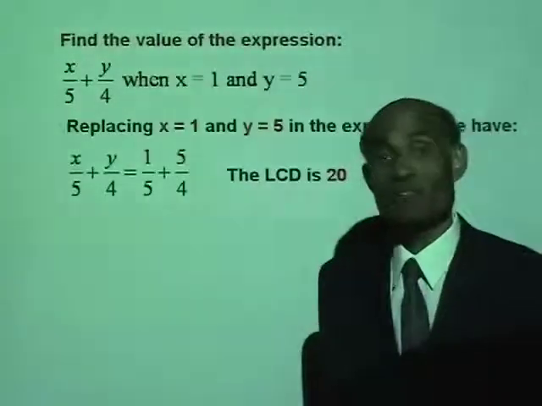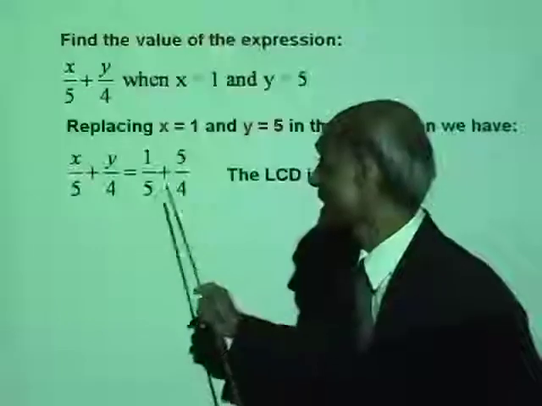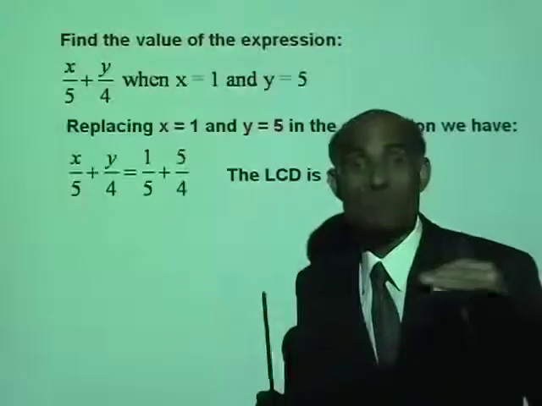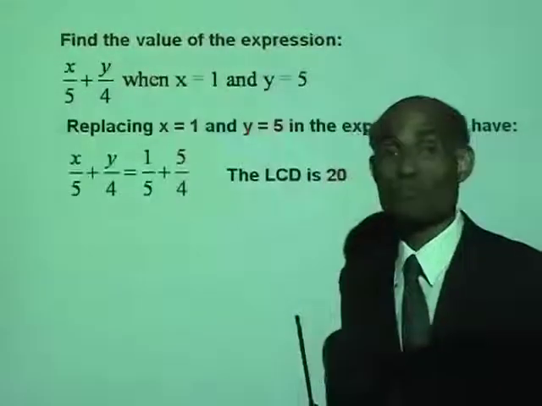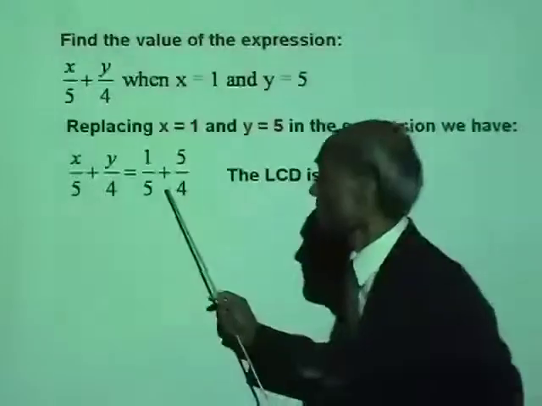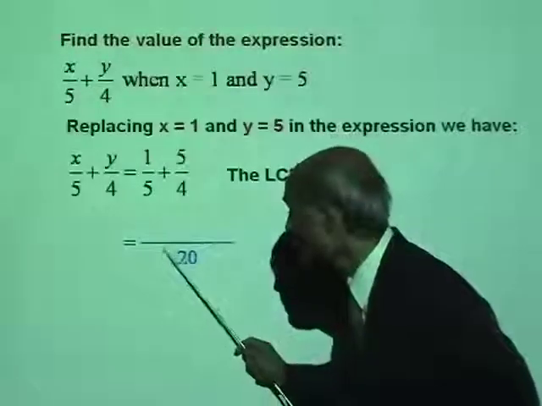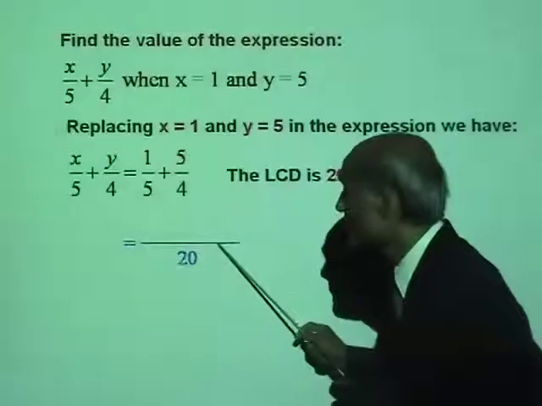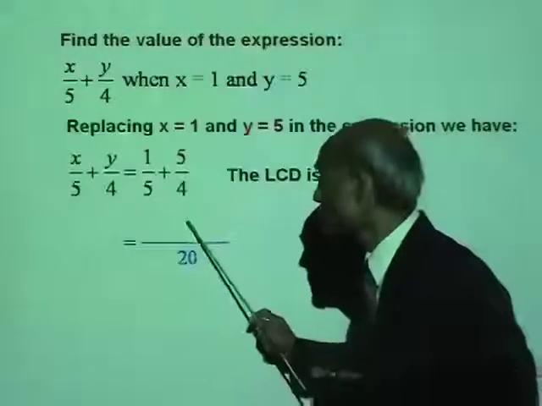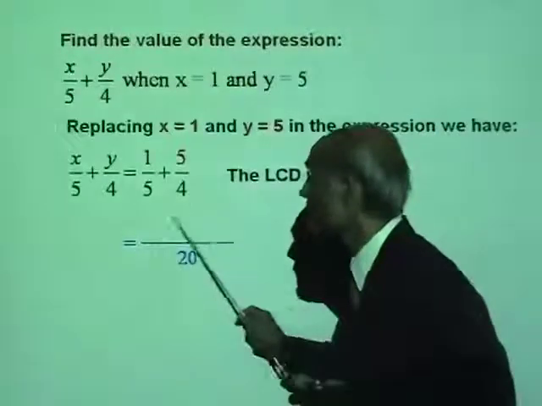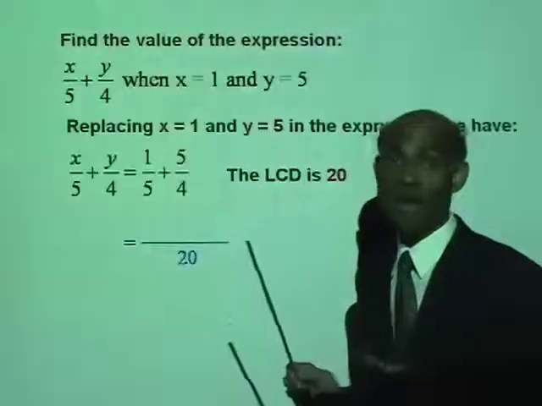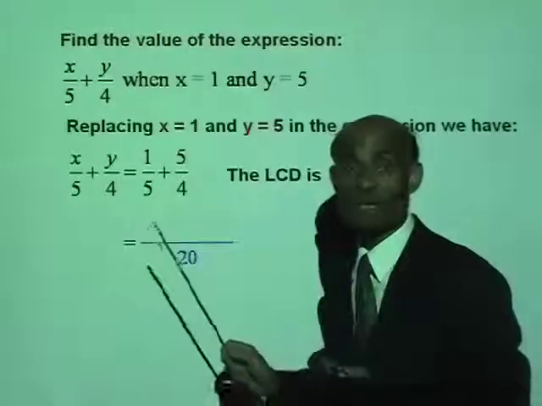And do you remember the method we talked about in adding fractions? We did a number of them in lessons 1 and 2. Alright, write the common denominator with a big line on top so that now we can construct our numerator. How do we construct the numerator?